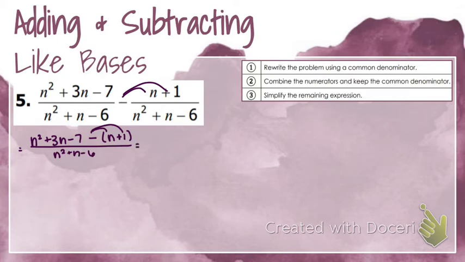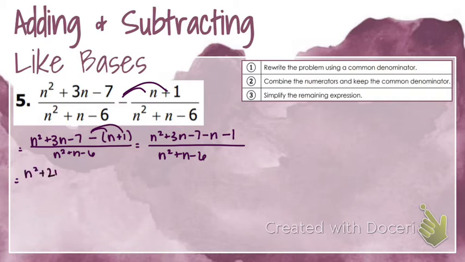So then the top is going to look like n squared plus 3n minus 7 minus n minus 1 over n squared plus n minus 6. So then the numerator simplifies to n squared plus 2n minus 8, all divided by n squared plus n minus 6.